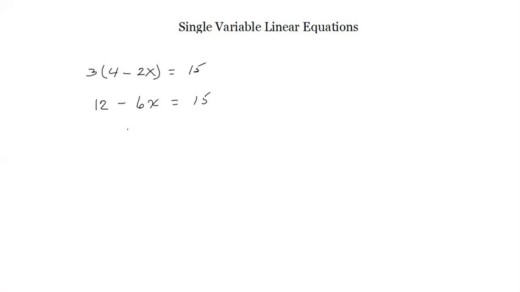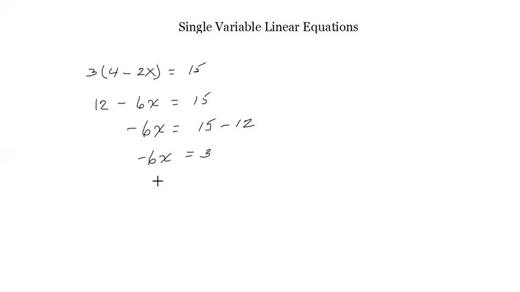Okay, so I'm going to keep my x on this side, and I'm going to transpose the constant. So over here it was positive, over here it's going to be negative. So 15 minus 12. So I have minus 6x is equal to 3. 15 minus 12 is 3.